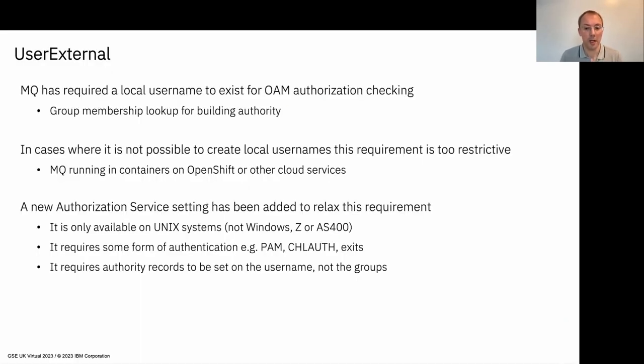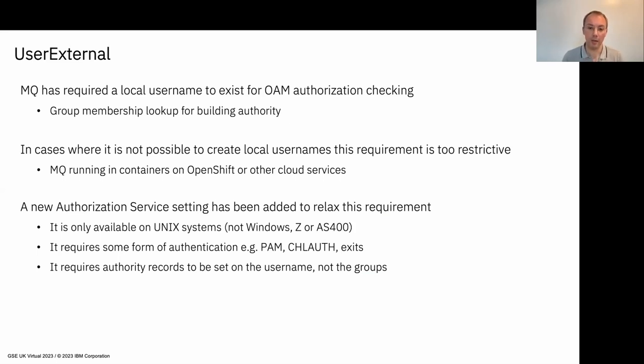Another enhancement we've done has been primarily targeted around running MQ in containers, and this is around supporting a new model for users and identities. MQ has required a local username to be defined on the machine for doing local OS authorization checks.